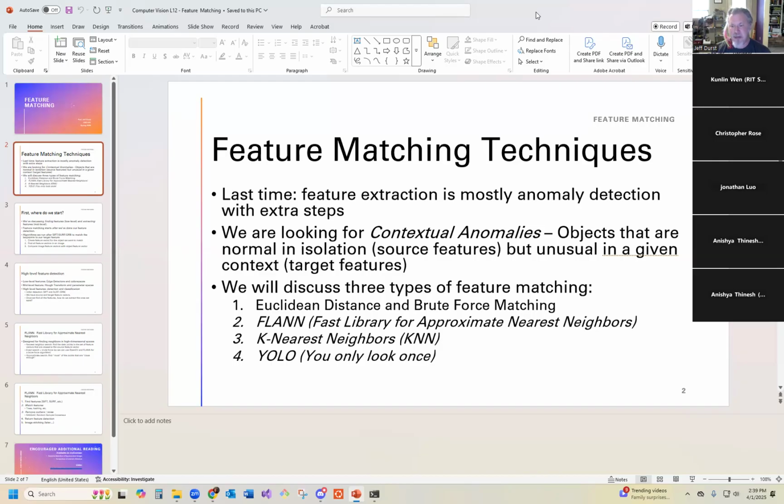Last time we introduced these types of feature matching, really four, but there are three we're going to look at. The first is brute force matching, which is essentially taking the distance between feature vectors, the same way you would for any other vector when you want to calculate how far apart they are in the space. You square everything, add everything up, and take the square root.